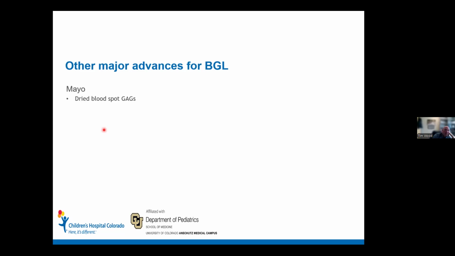Things like the work that Mayo did in terms of dry blood spot GAGs, or their development of a biomarker and then moving that biomarker, for what they did for cytosine. The really cool stuff going on at Baylor with global maps and metabolomics. I'll give a shout out to my colleague Johan van Hove and some of the work he's doing on mitochondrial proteomics. If you haven't talked to Johan about this, it's really exciting stuff.